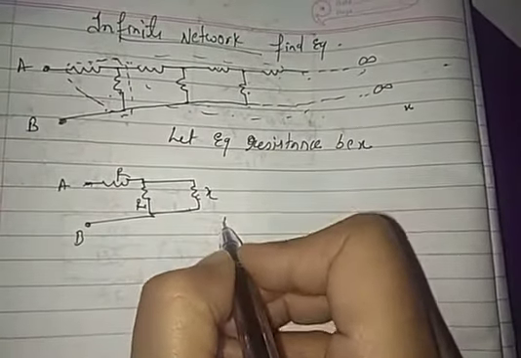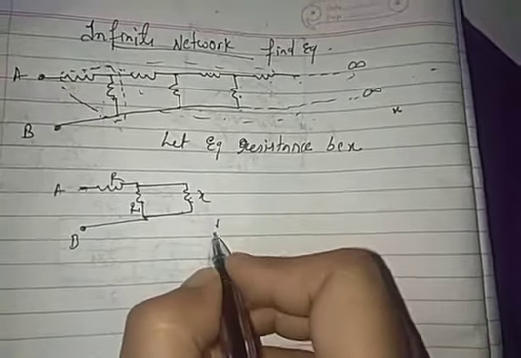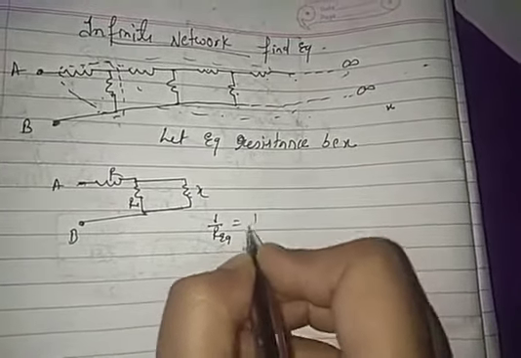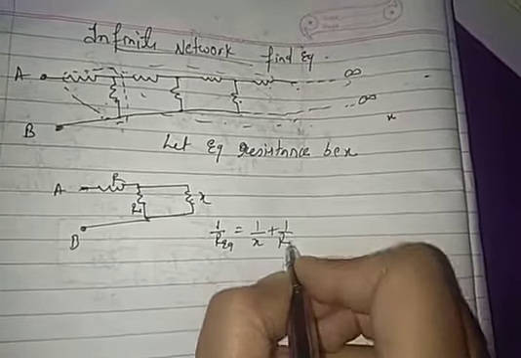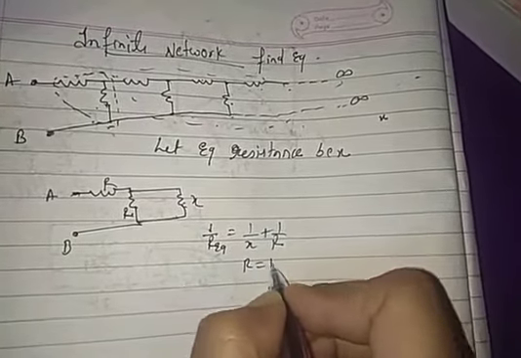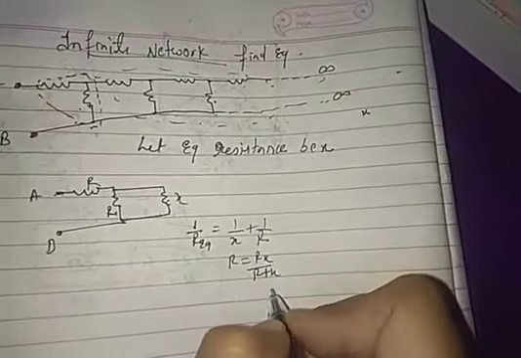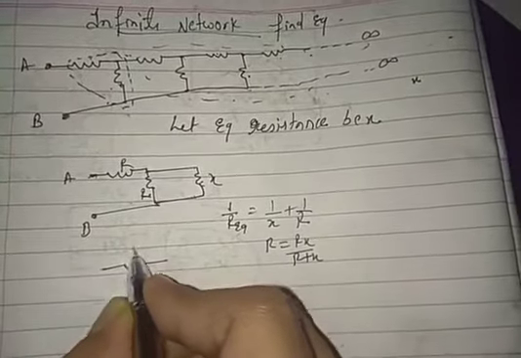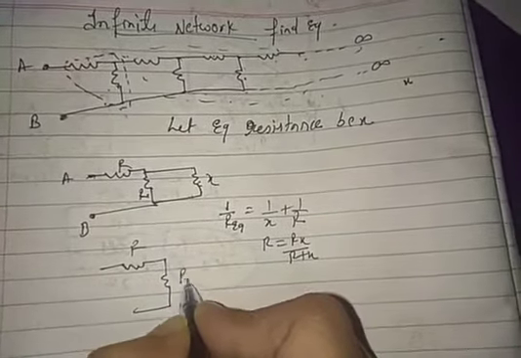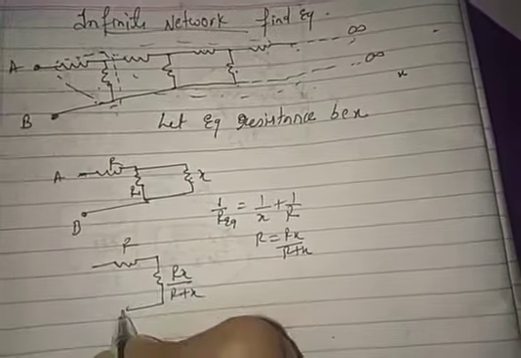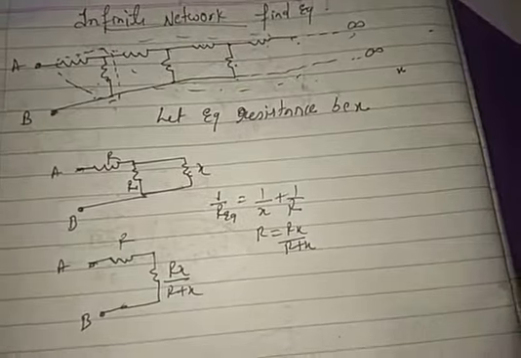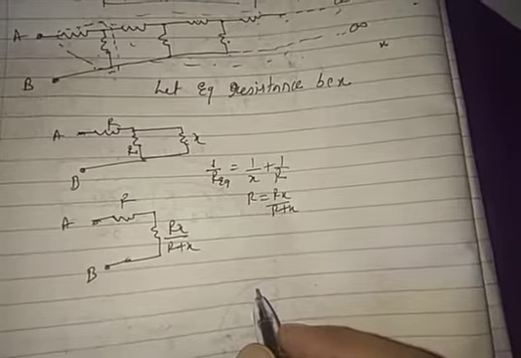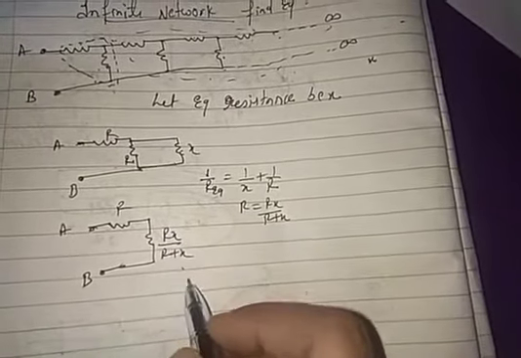So 1 by R eq is equal to 1 by X plus 1 by R. If you solve it, you will get R eq equals RX upon R plus X. So now it will turn into this R and this RX upon R plus X. Now they both are in series combination.